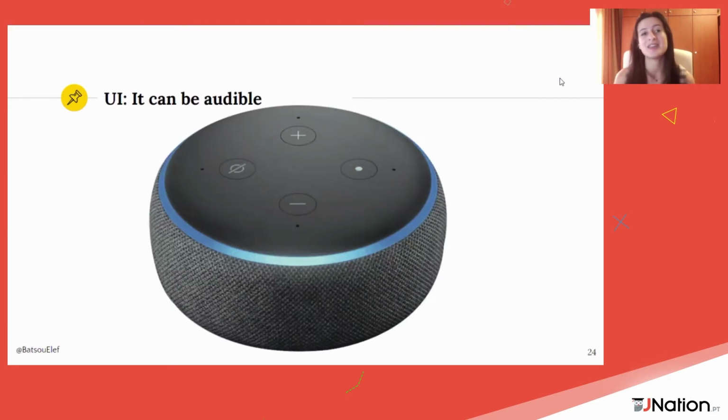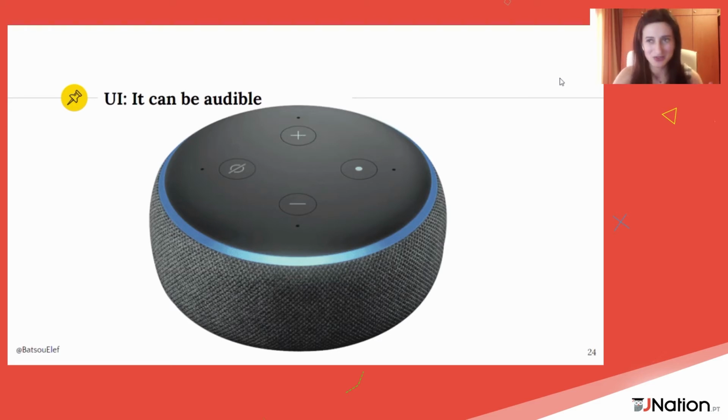UI can be audible. Imagine Siri or Amazon's Alexa and stuff like that. All of these are software programs that you can play with just by shouting some commands, and beautiful stuff can happen. You can know the weather, you can play music, you can have all sorts of different information. This is audible. This is not icons, this is not typography.